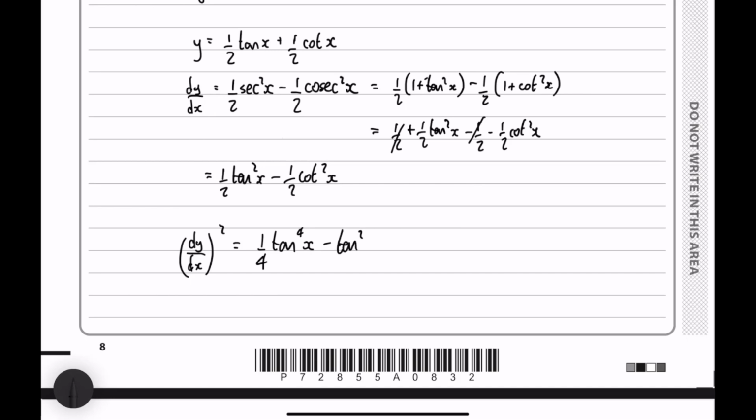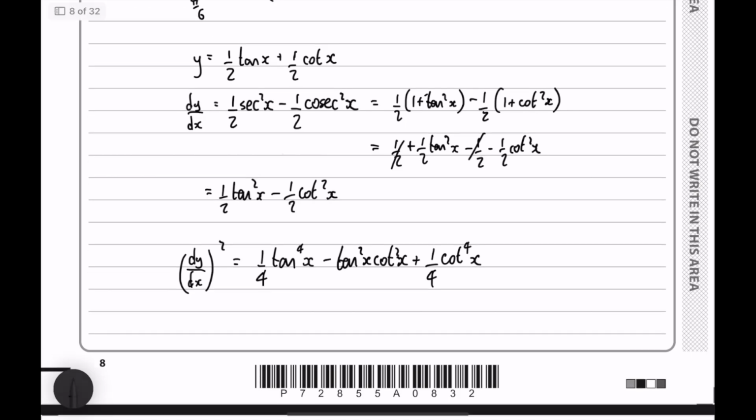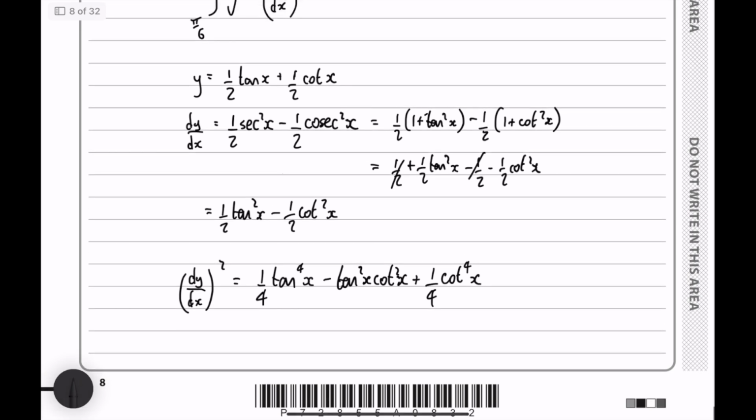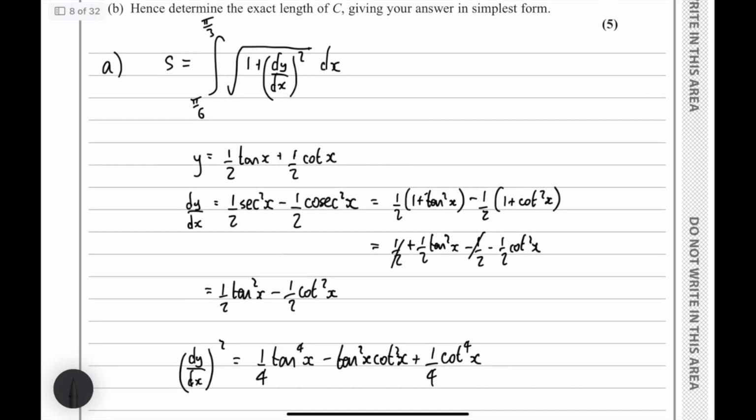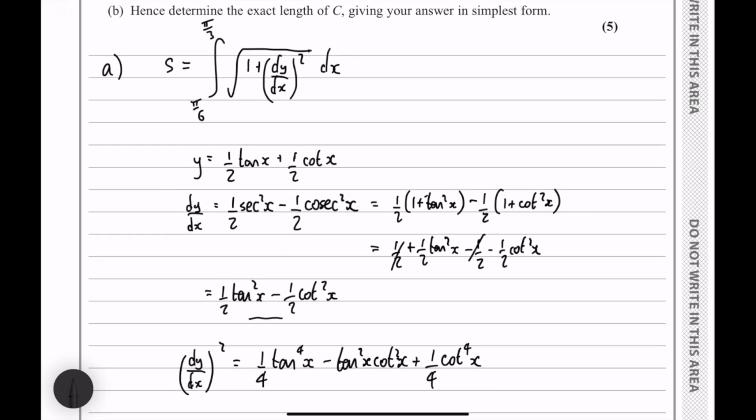Minus tan squared x cot squared x plus a quarter cot squared x, nope, power 4. Now what I'm going to do here might seem very strange, but it's just the way that I think about it, because there's a common trick here where you've got something squared minus something squared, and then we're going to add this 1, and it's going to turn into probably something squared plus something squared that matches this original minus expression here.